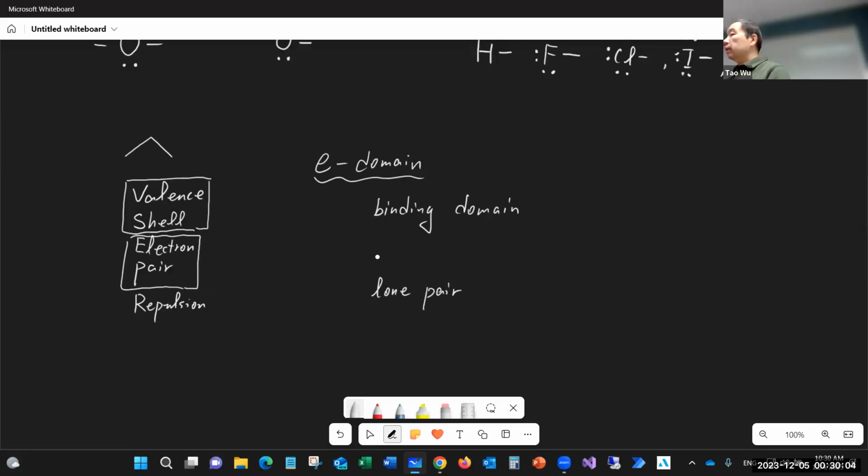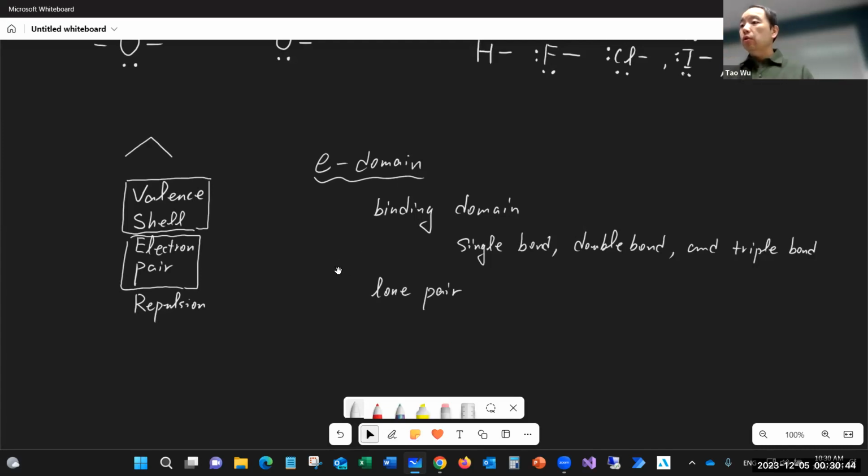Each bonding domain counts as one electron domain: the single bond, the double bond, and the triple bond. Each of these counts as one electron domain. Lone pairs also count as one electron domain.